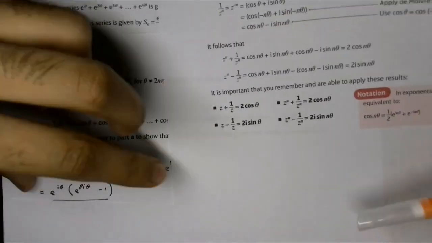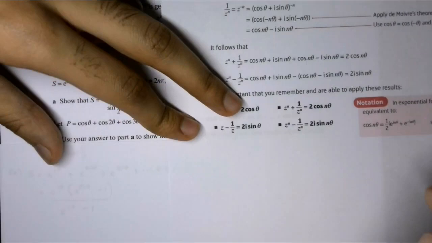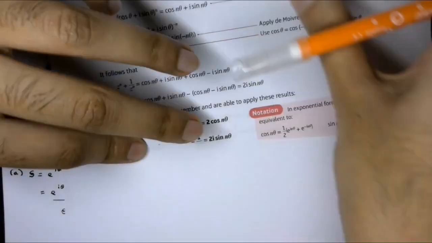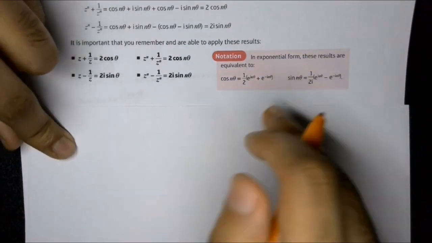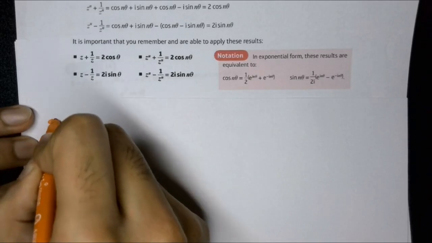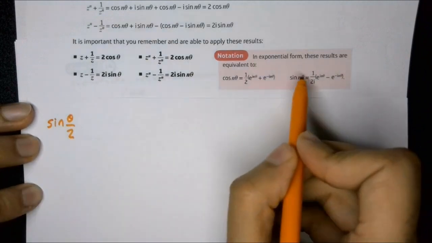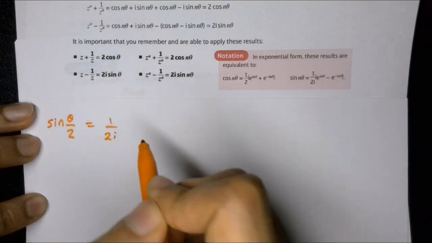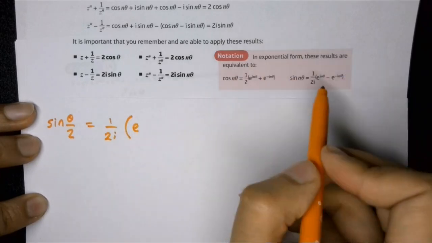So if we use that particular idea, let's just write it down here, using what we met over here, we have in our problem, in what we want to show, a sine of theta over 2. So we're replacing the n theta with theta over 2. So this is equal to 1 over 2i lots of e to the, now over here we need to be a bit careful.